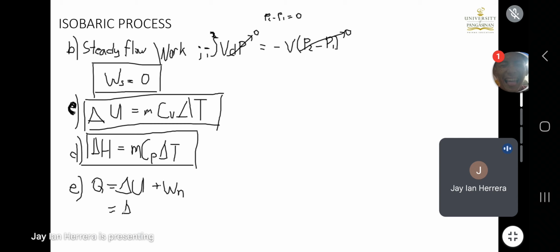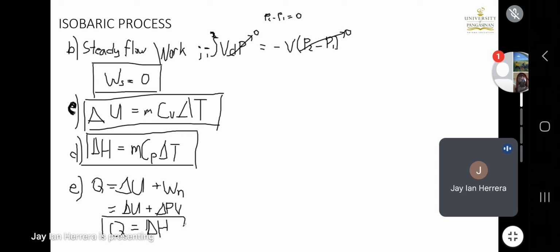We can say delta U plus delta PV. Anyway, our heat is technically delta H. It is just the same.